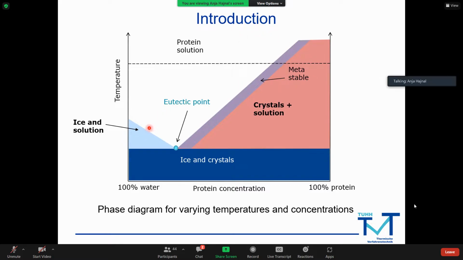Or if we would have our initial composition somewhere here on the left side, since we have water, we would have ice and solution. If we continue to cool down our system, we would reach a eutectic point.